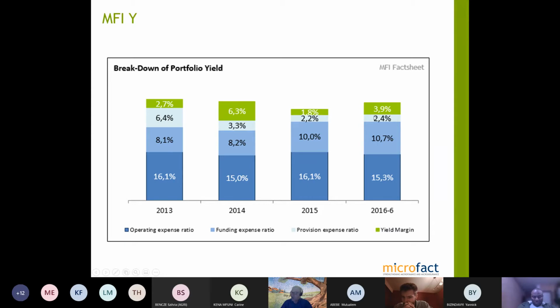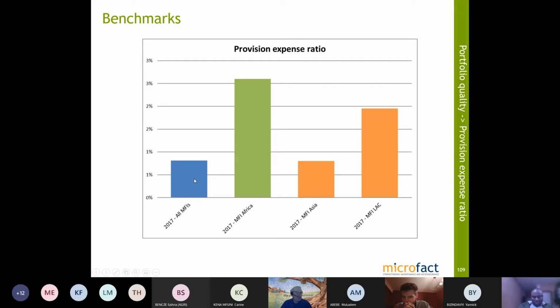But here you can see 2.4, 2.2, which is quite normal in the microfinance sector. If we see some benchmarks between 1 and 3%, just to give you an idea of what is high and what is low, 2% is quite normal. This year, we have partners in Uganda with provisioning expenses going up to 20% and 30%. So this year is a very exceptional year.